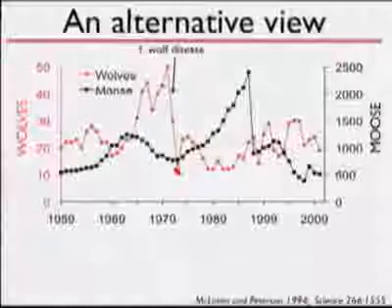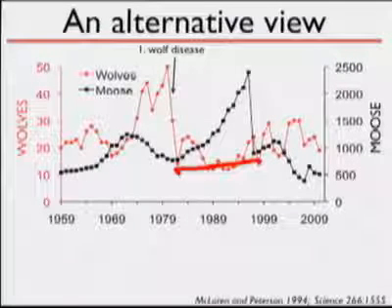That wolf disease represents this external influence, if you will, on the system. Because remember, again, the disease was basically brought from outside of Isle Royale into the system. That caused a major perturbation. Basically, it's like an experiment, if you will. It's an experiment in the sense that it just immediately reduced the wolf population, and then the wolf population ended up staying low for a very long period of time afterwards.